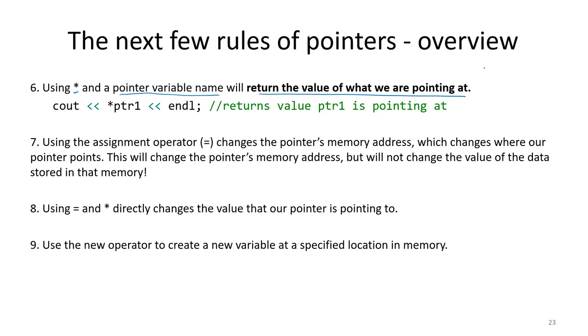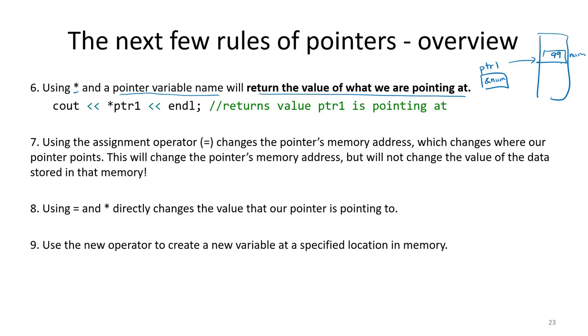So for example, if I have a pointer ptr1, maybe it's storing the memory address of num. So if ptr1 is pointing at num in the memory, say num holds the value 99.